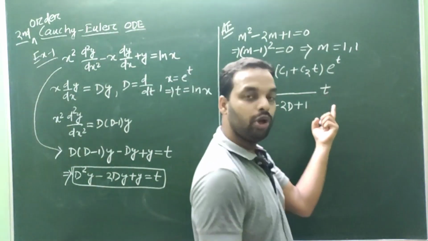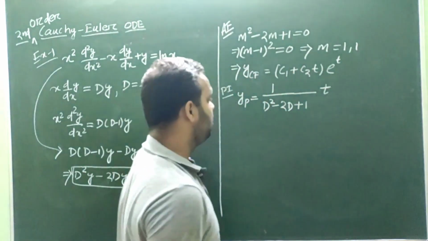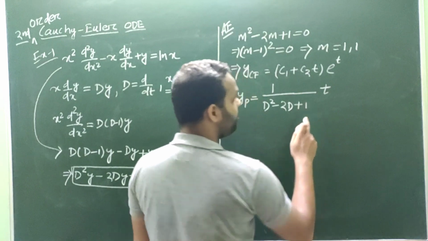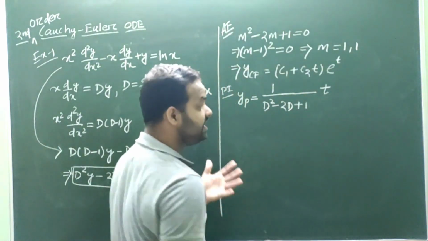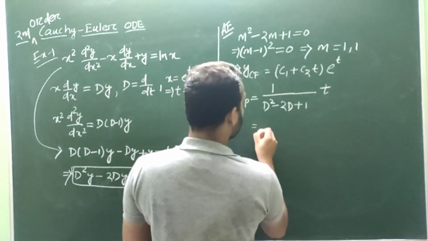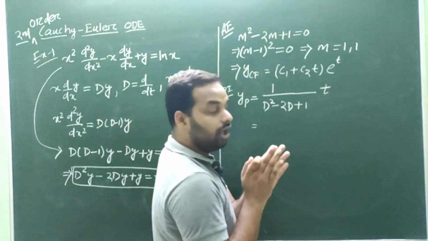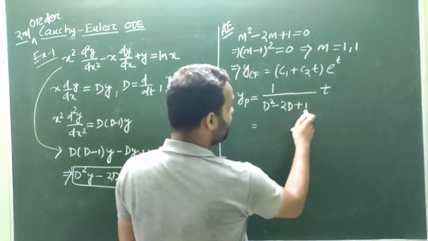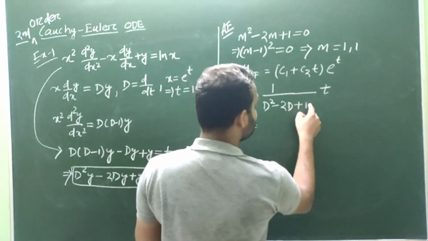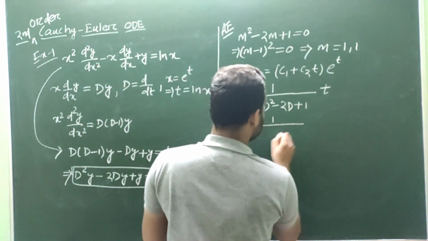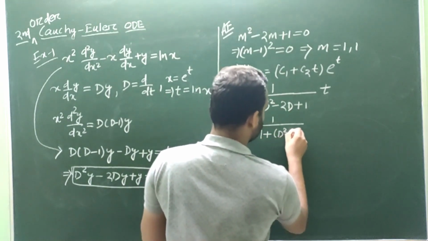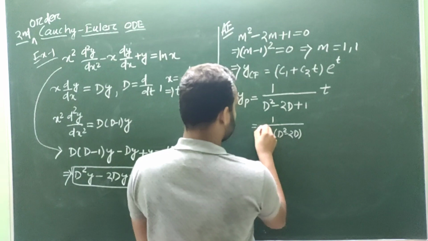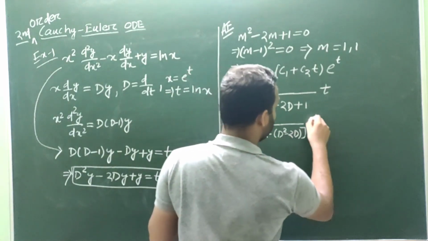This is a first order polynomial. We have to use that method by taking the smallest power of D as common and converting all these things as an infinite series of D. So I told you, take the lowest power of D as common. Here 1 is the lowest power, that is D power 0 here. So let's take that. 1 plus this whole term comes in this bracket, this one into t.